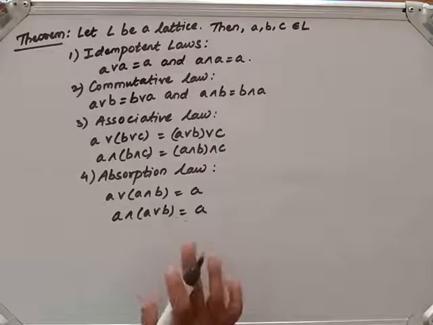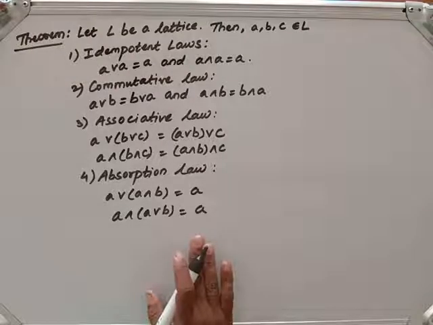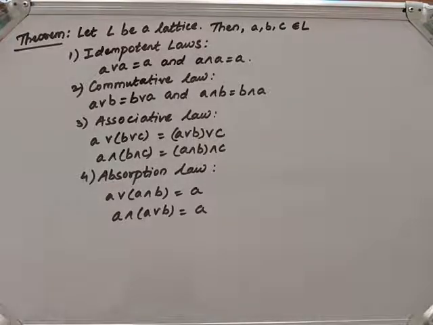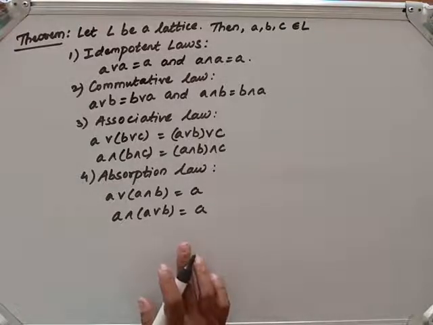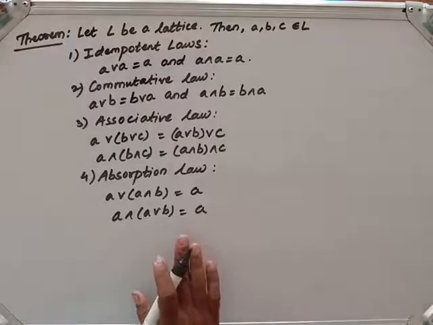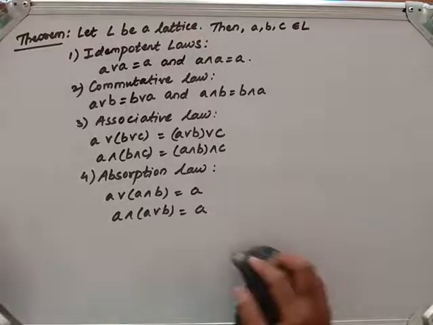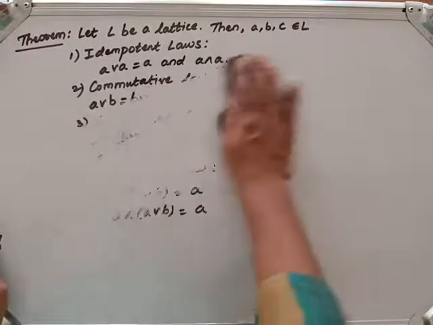A. Now no need to prove these. If you are interested, you can go through the proofs, but the proofs are not required. You have to use them in various other results. Now let us see the next theorem.